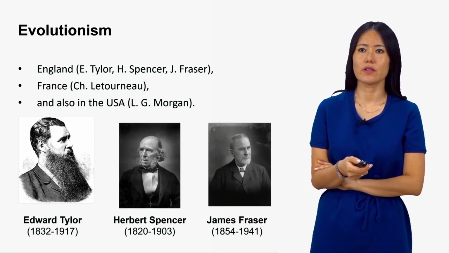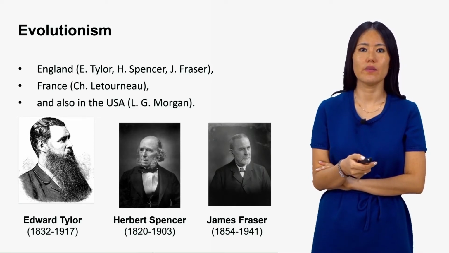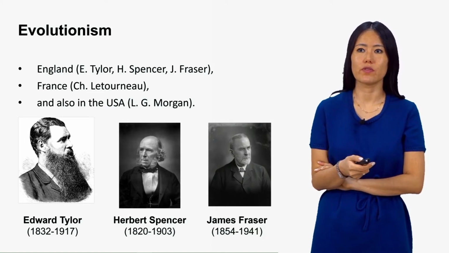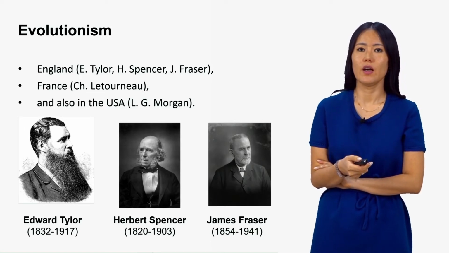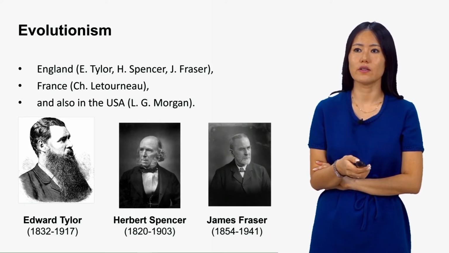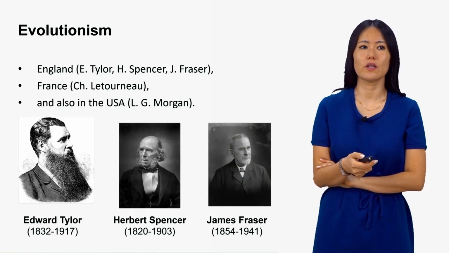So evolutionism, its representatives are in England Edward Tyler and Herbert Spencer, James Fraser, and also there are such representatives in France and in the USA as Charles Letourneur and Lewis Morgan.